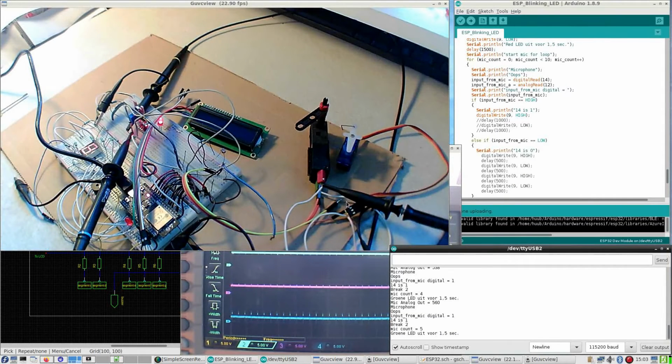And this probe is this one, which shows the pulse modulation. And if you see this, then there's hardly any pulse width going on. Well, it should be.